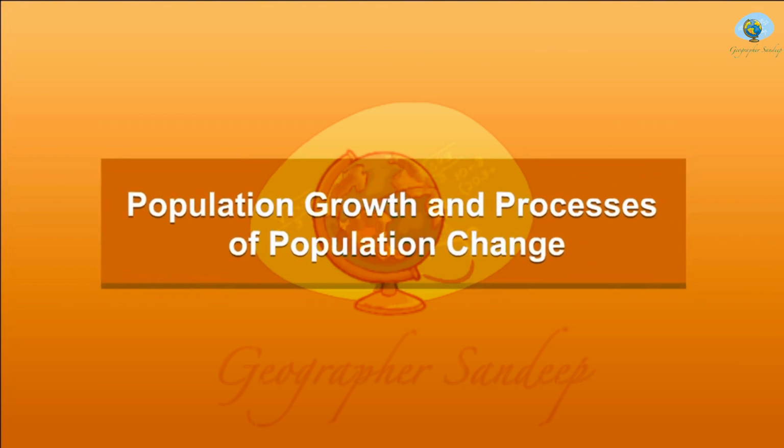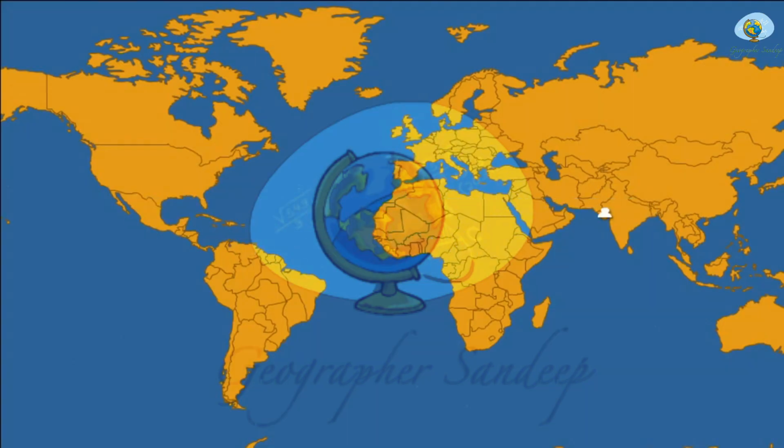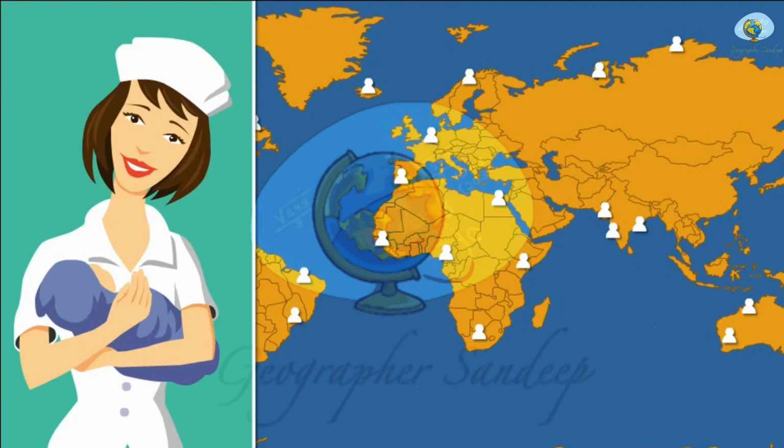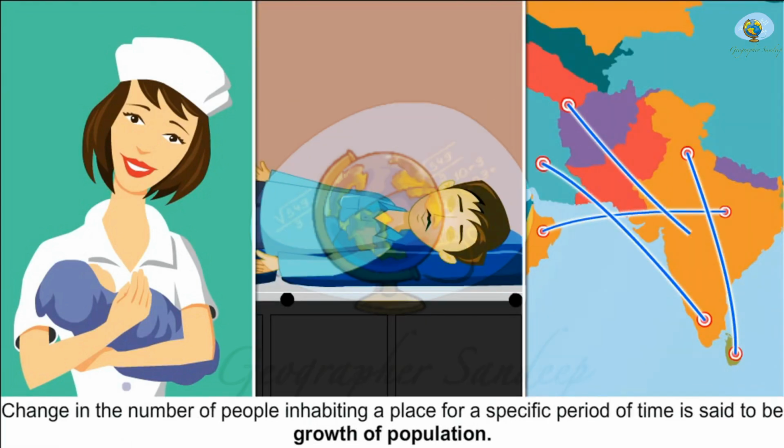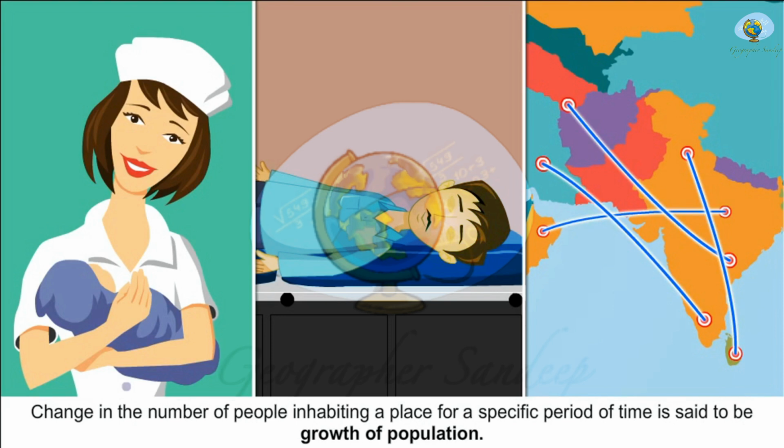Population growth and processes of population change. Population is a dynamic phenomenon affected by three factors: births, deaths, and migrations. Change in the number of people inhabiting a place for a specific period of time is said to be growth of population.